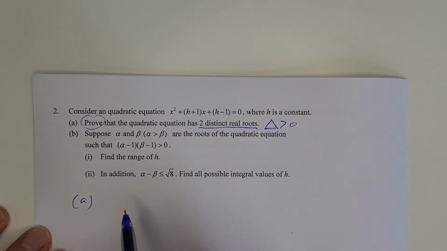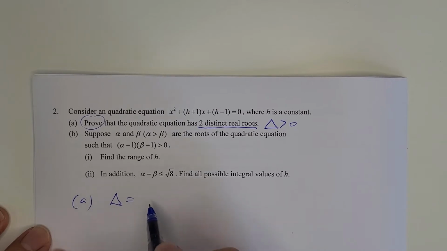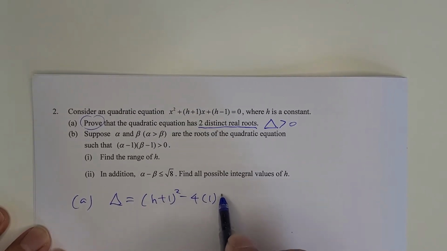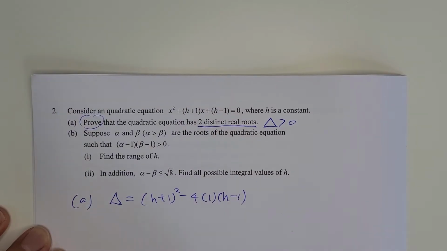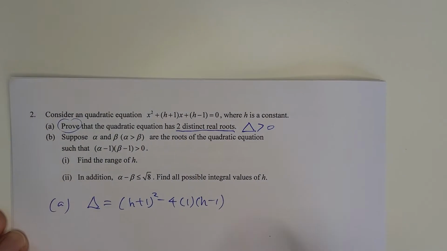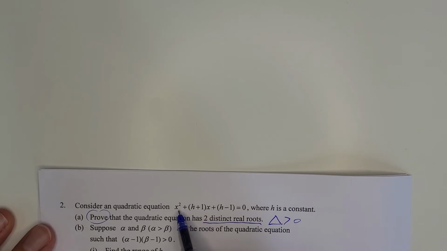Okay? So A. We consider the discriminant, that is b squared minus 4ac. In here, let's do some revision. For the a, that means the coefficient of x squared, that's 1. B, the coefficient of x, so that's h plus 1. And c, that means the constant term of the quadratic equation.